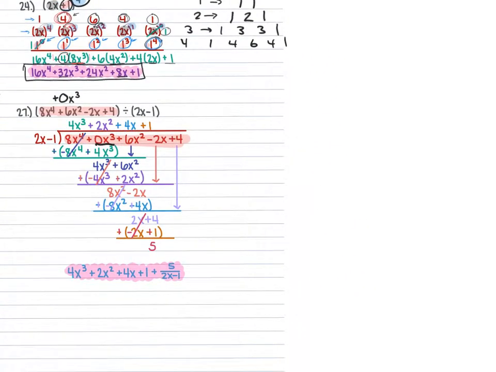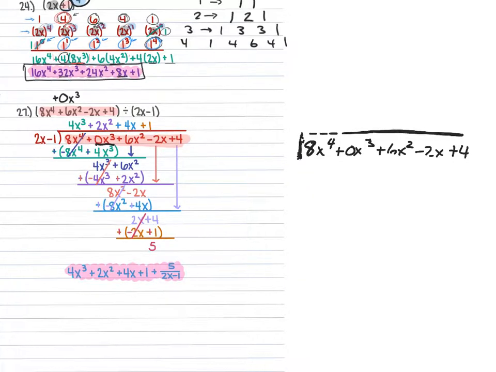We've got 8x to the fourth plus 0x cubed plus 6x squared minus 2x plus 4, divided by 2x minus 1.